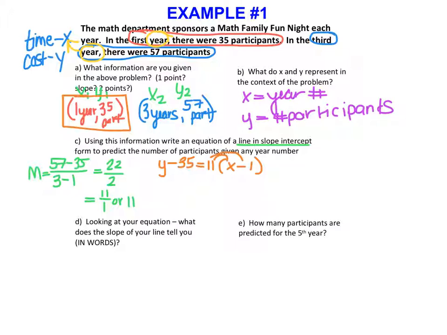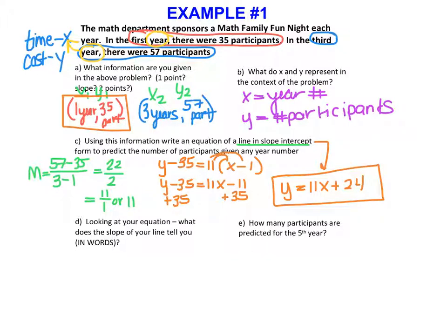I start by distributing: y minus 35 is equal to 11x minus 11. I then add 35 to each side. So we have y is equal to 11x plus 24. There is my slope-intercept form equation of this situation.